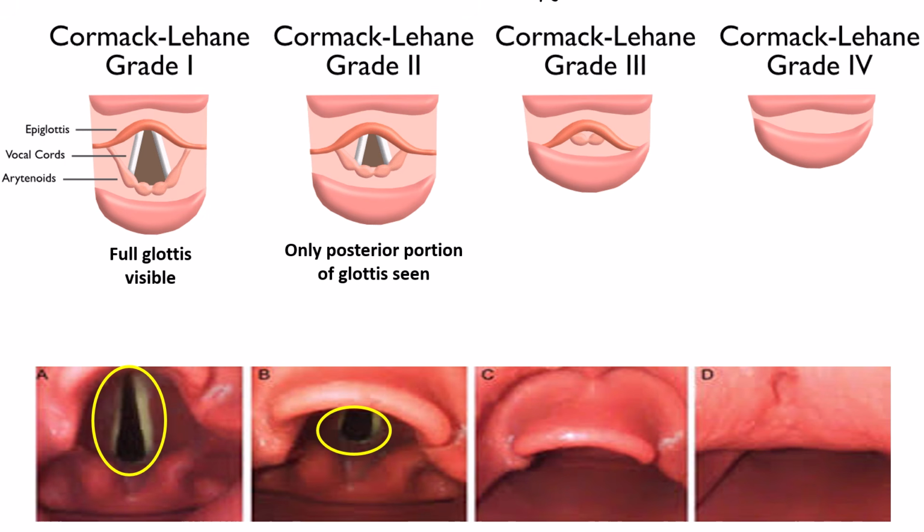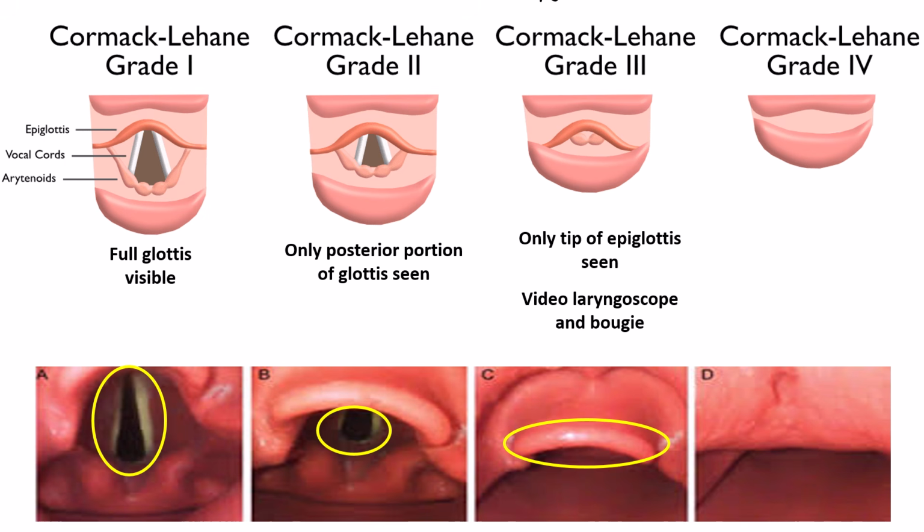Grade 3 reveals only the epiglottis, making intubation more challenging and often needing adjuncts like a bougie or video laryngoscope. Grade 4 shows neither the glottis nor the epiglottis, representing a potentially very difficult or impossible intubation without advanced airway techniques. This grading system helps anesthesiologists anticipate difficulties, plan alternative strategies, and document airway findings for future reference.